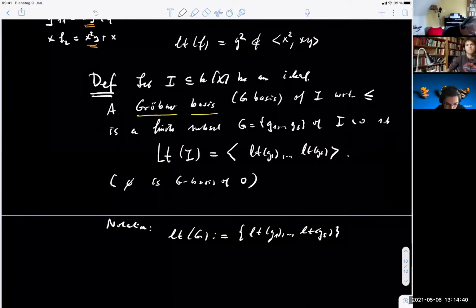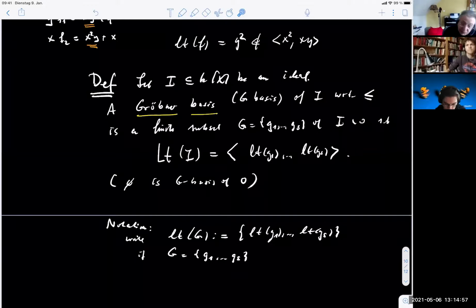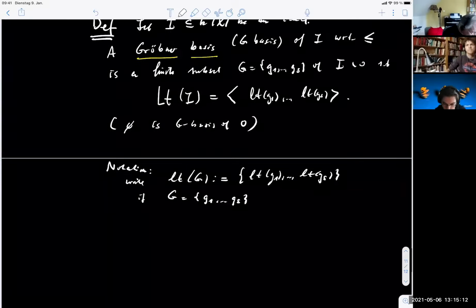You should not confuse them. I have the notion of the leading ideal of an ideal, which is a monomial ideal, and if I have a finite set, I use also LT but not with capital letters. It's just the collection of leading terms.